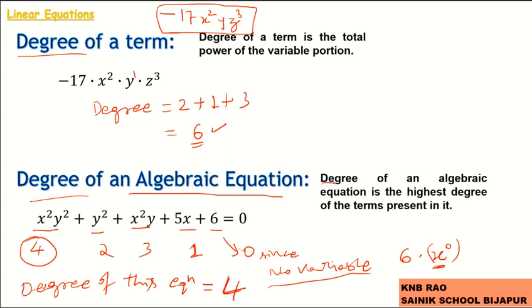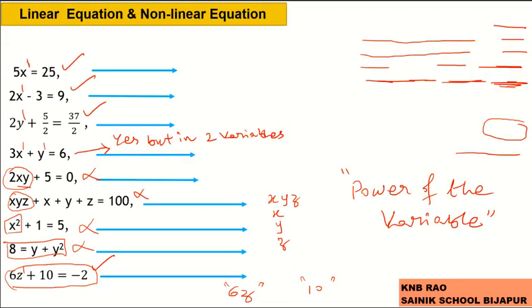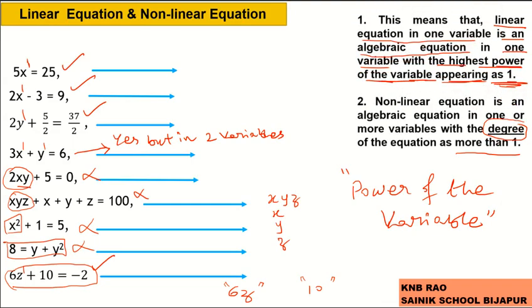How do we define it? The degree of an algebraic equation is the highest degree of the terms present in it. So, this is the knowledge which we are using while defining what is degree.